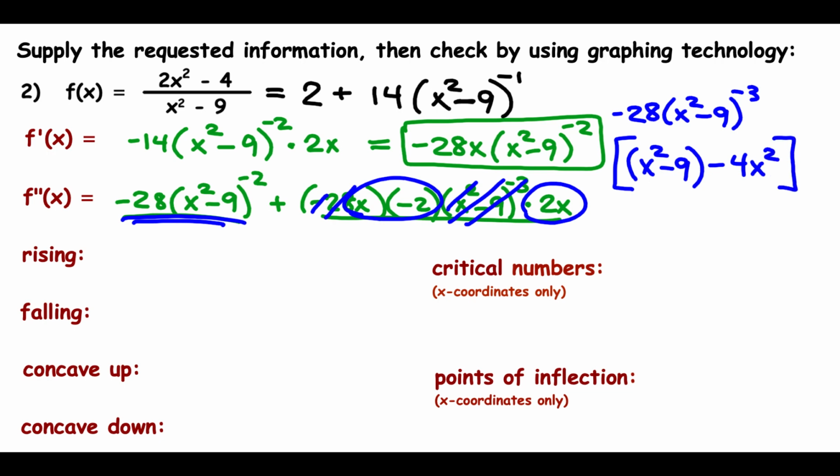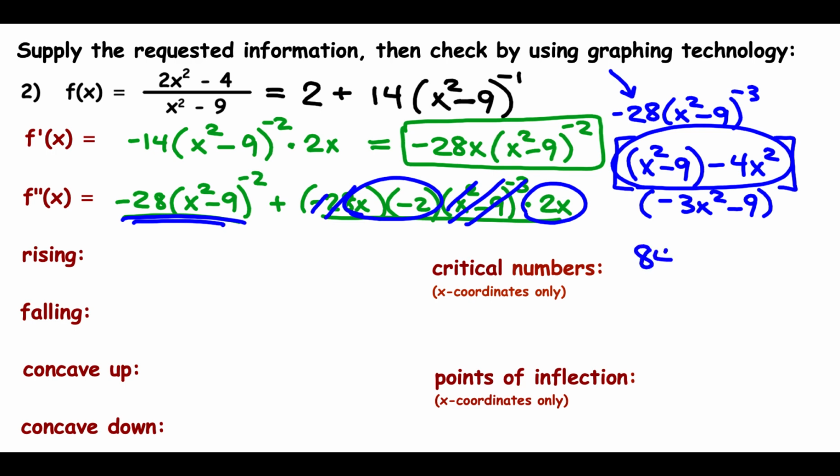Okay, to clean this up a little bit to get our final second derivative, you can see if I combine like terms, that's going to be negative 3x squared minus 9. I can take a negative 3 out of that. I'll multiply it by the negative 28 in front. Negative times negative, it's positive. 28 times 3, that'll be 84.